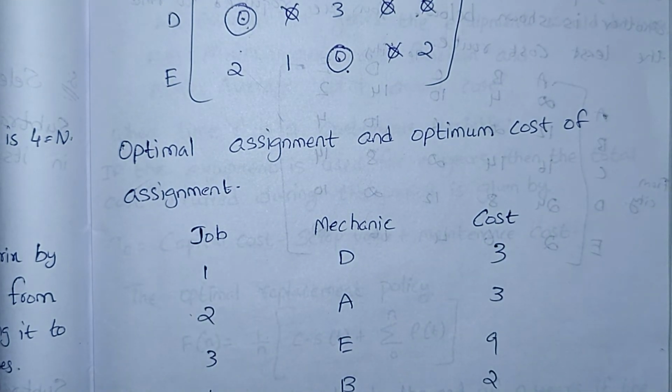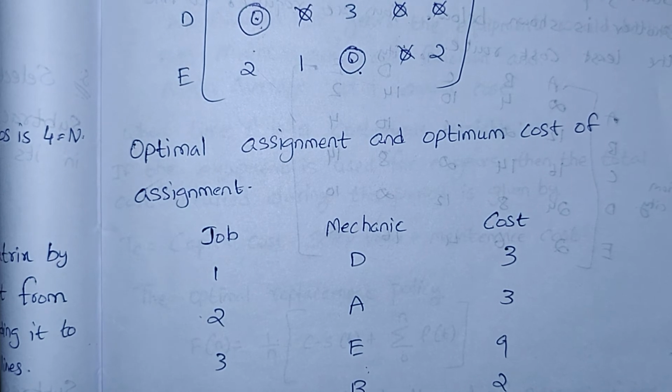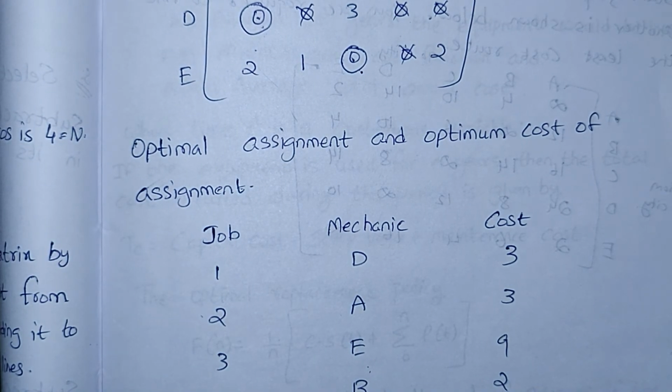Job 1, 2, 3, 4, 5, mechanic D, A, E, B, C. We know how we are getting this D A E B C. Go to our previous first problem.